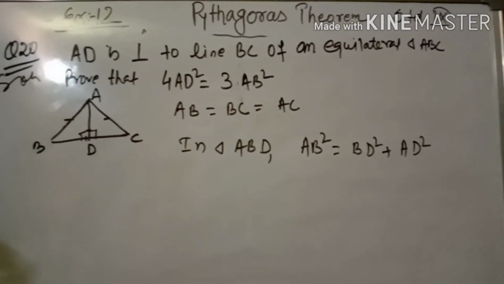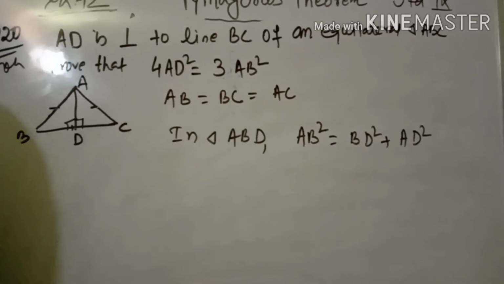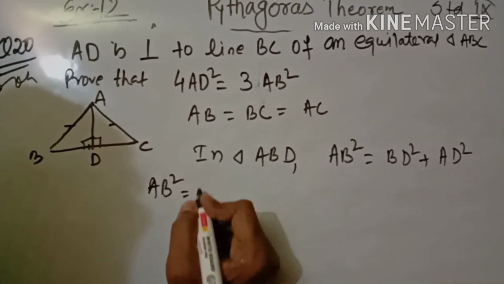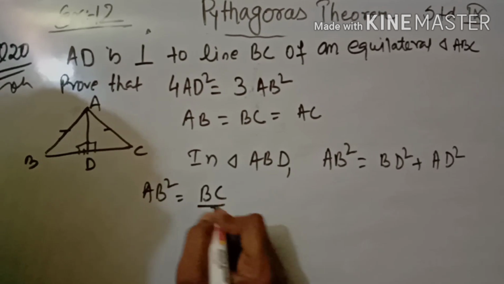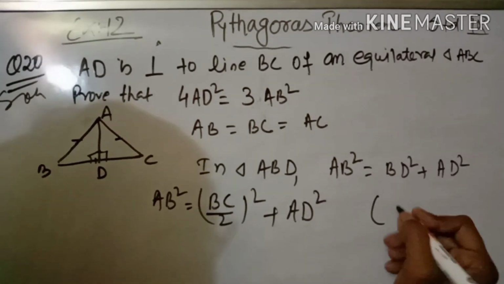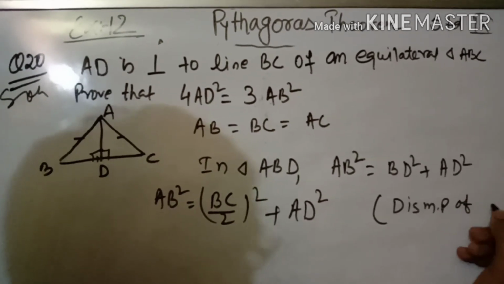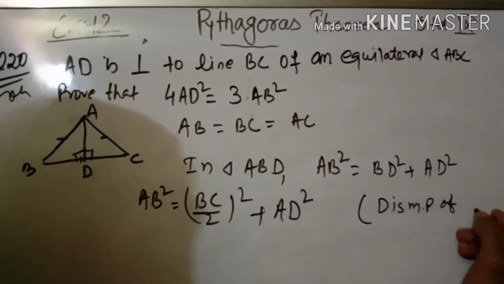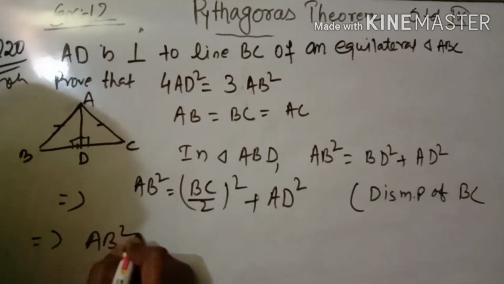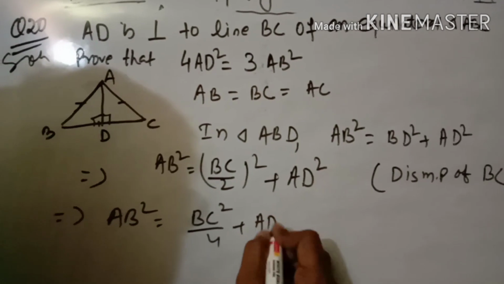Now D is the midpoint, therefore instead of BD I can write BC by 2. AB square equal to BC by 2 whole square plus AD square, because D is the midpoint of BC. Therefore AB square equal to BC square by 4 plus AD square.